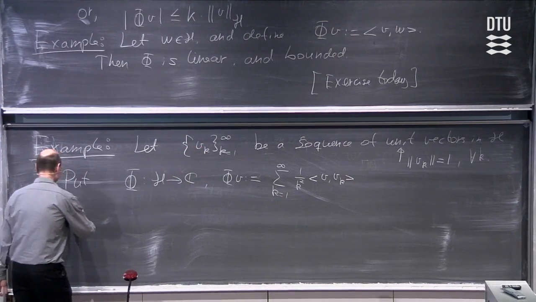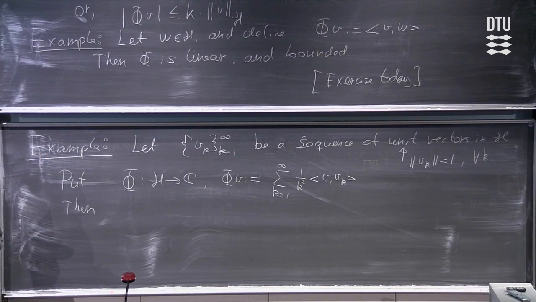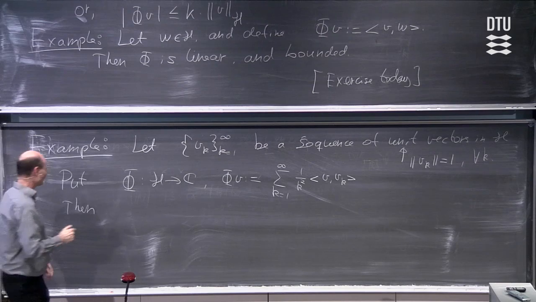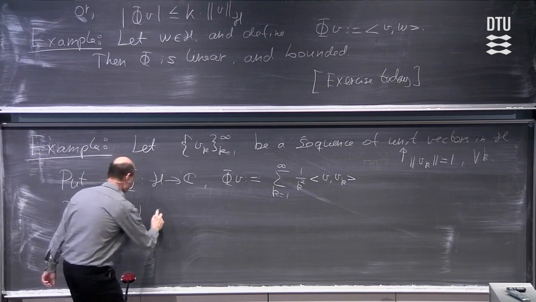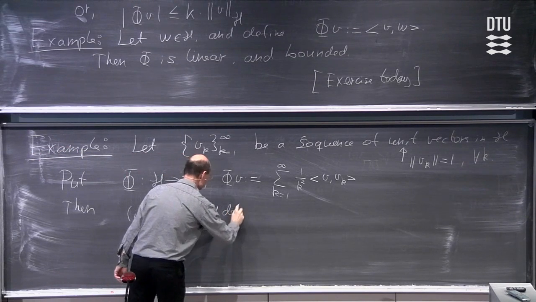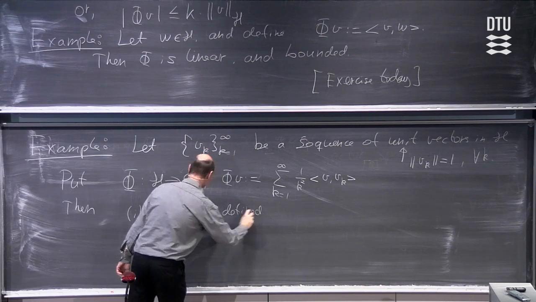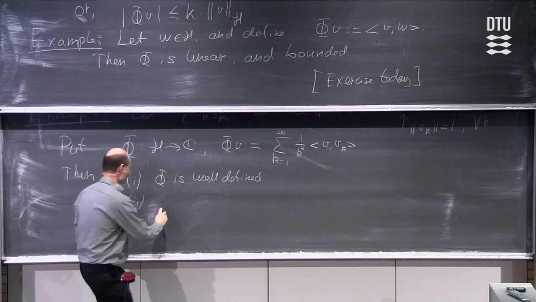So what I want to show is, and you will see we take exactly the same steps as we did last time. We first show that phi is actually well-defined. Then we show that phi is linear.